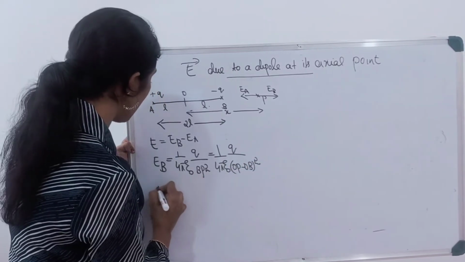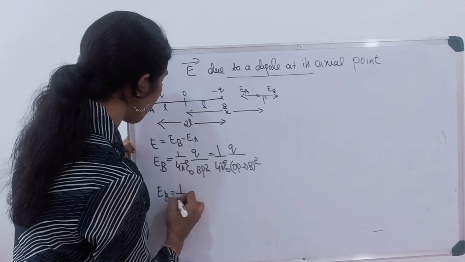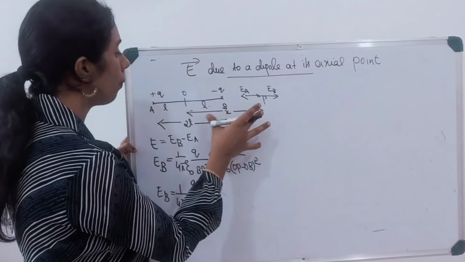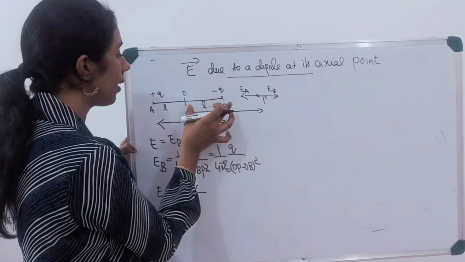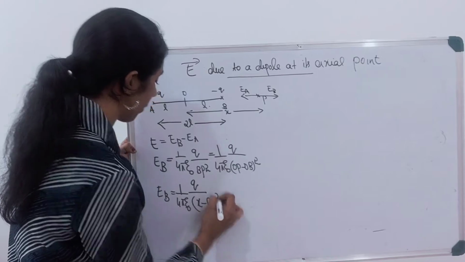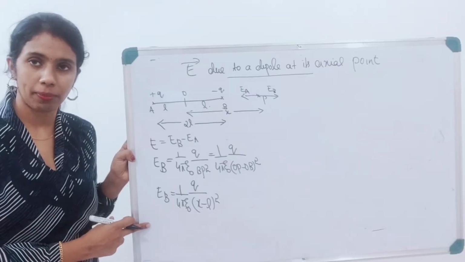Or EB is equal to 1 by 4 pi epsilon 0 q divided by, OP is x and OB is L, so it is x minus L the whole square. So here we got an equation for EB.